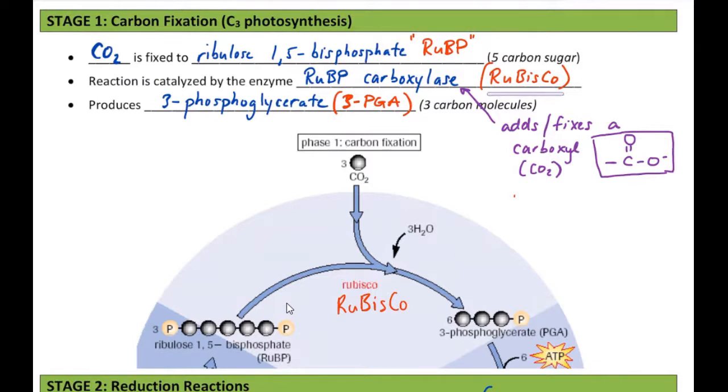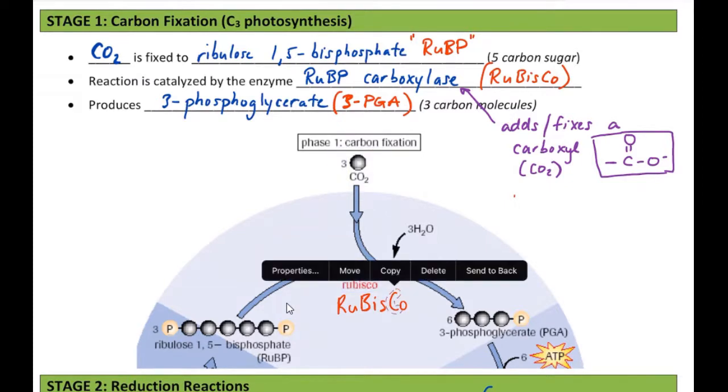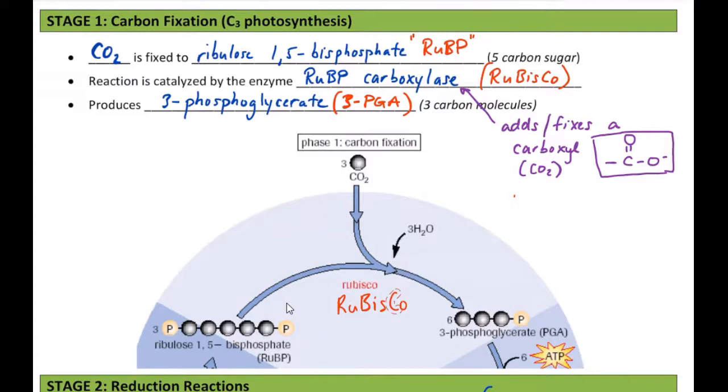So we have our RuBP that's already there in the stroma. Carbon dioxide has diffused into the chloroplast, so it's there in the stroma as well. Rubisco is in the stroma, and it gets added together. What does it create?